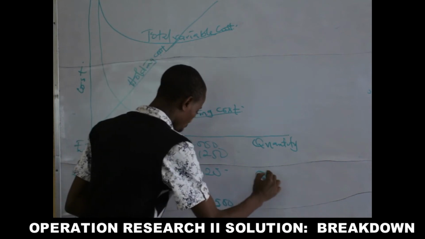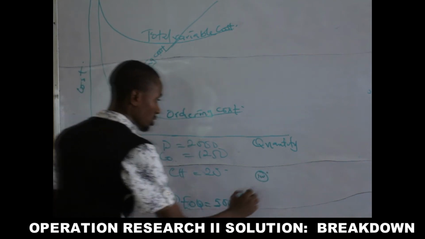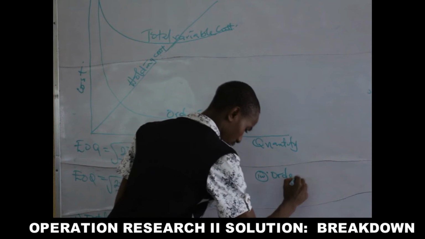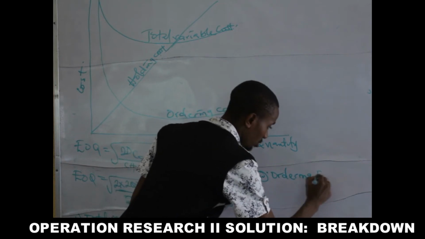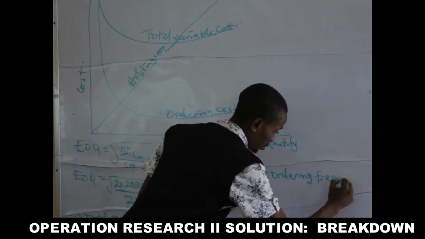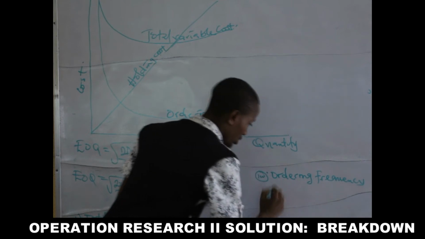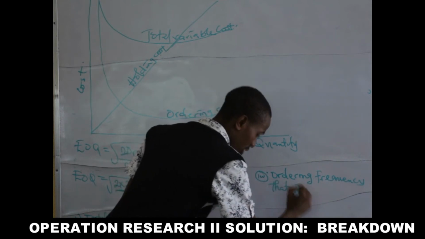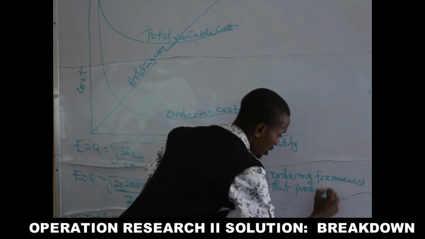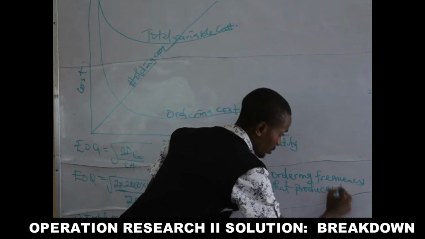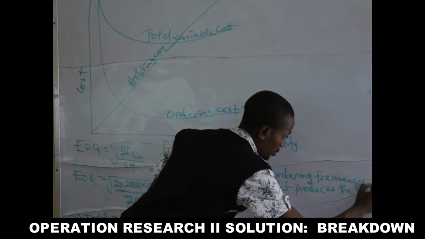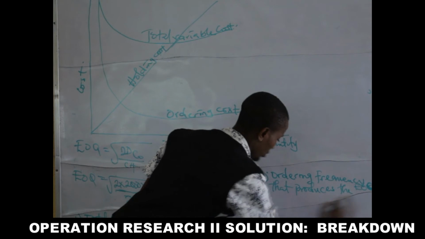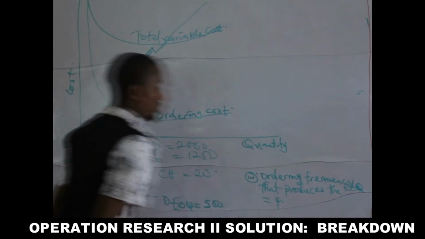So the Roman figure 3, the ordering frequency that produces the EOQ, is equal to 4.